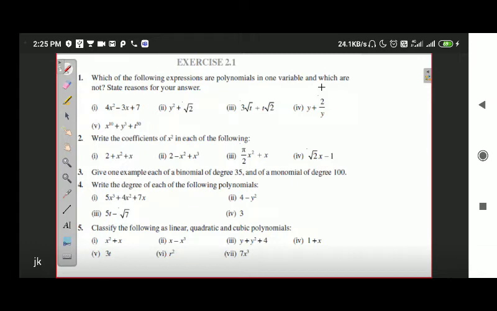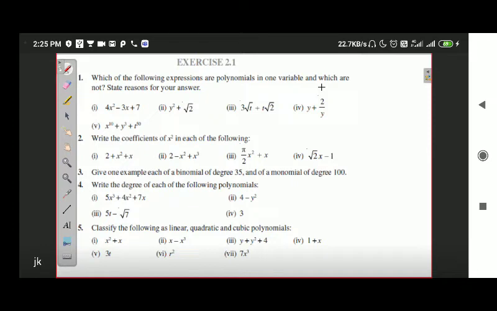After that, we will determine how to identify the coefficients of particular powers of x, and also linear, quadratic or cubic polynomials, which we define on the basis of the degrees. If the degree of a polynomial is 1, then it is a linear polynomial. If the degree is 2, then it is a quadratic polynomial. And if the degree is 3, then it will be a cubic polynomial. So in this manner, we have different types of polynomials.